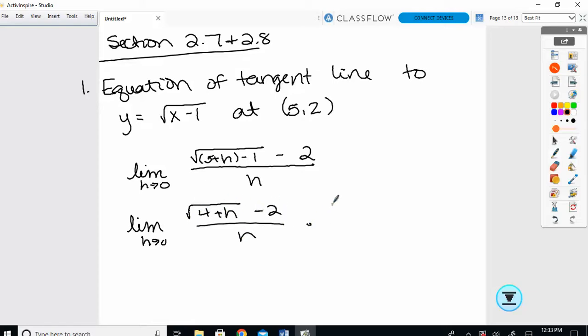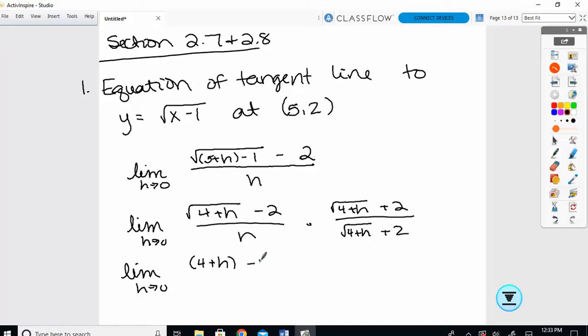Then I'm going to multiply by the conjugate. So we get the limit as h approaches 0 of 4 plus h minus 4 over h times this.